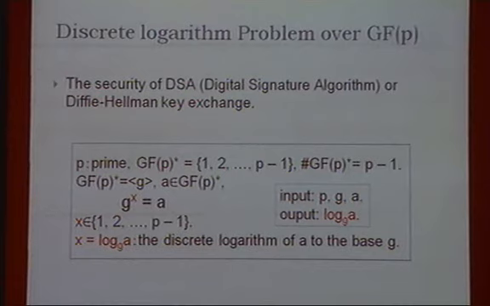Many implementations use this representation, from 1 to p minus 1. And what's the order of this group? GFP star is equal to p minus 1. And we deal with the multiplicative group of the finite field GFP.